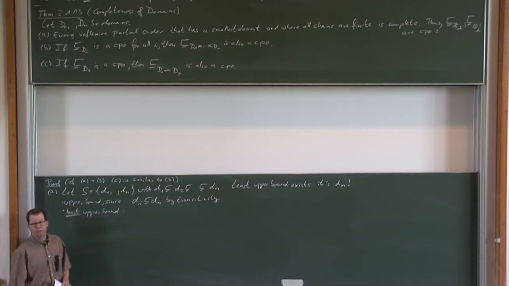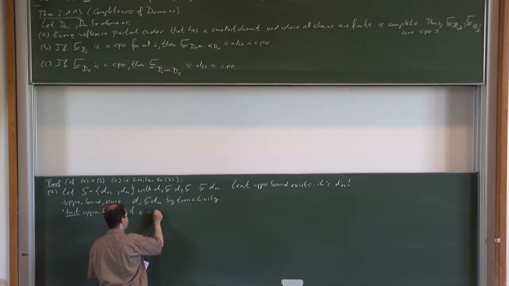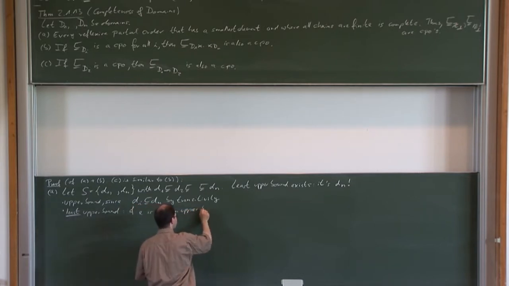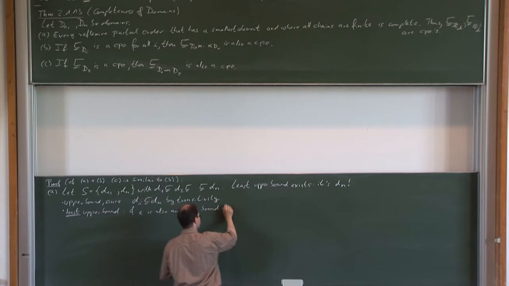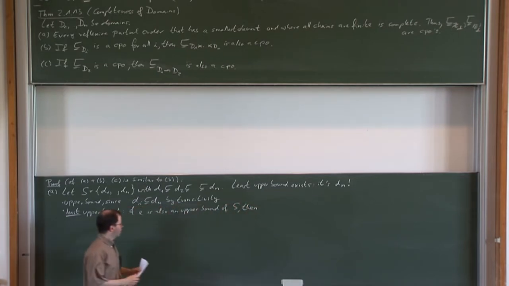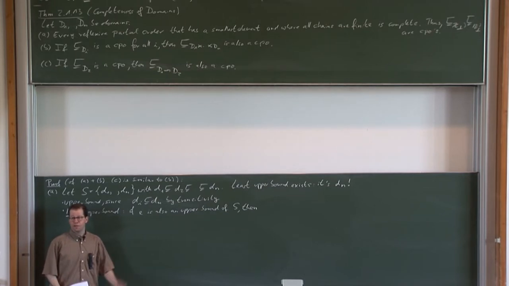Well, let's assume there's another upper bound. So if E is also an upper bound of S, in order to show that Dn is the least upper bound, it has to be smaller than every other upper bound.